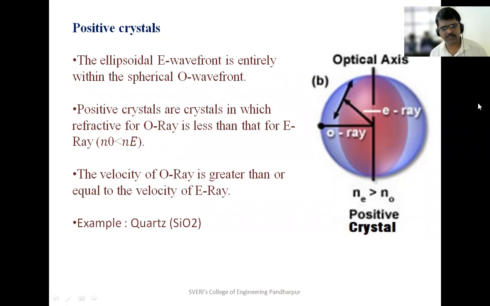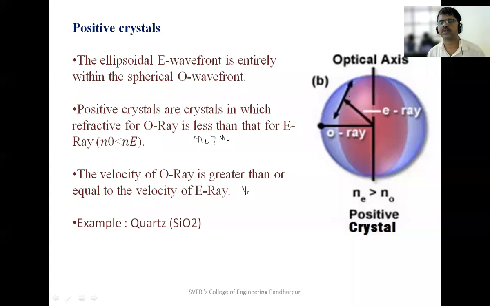Okay, second point: refractive index of extraordinary ray, means Ne is greater than N0. What is third point? Which velocity is greater?